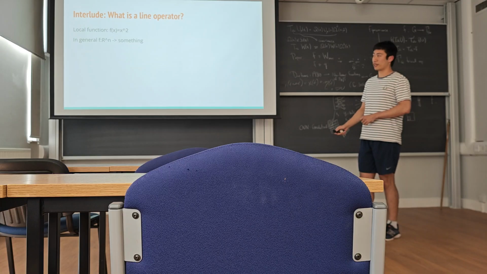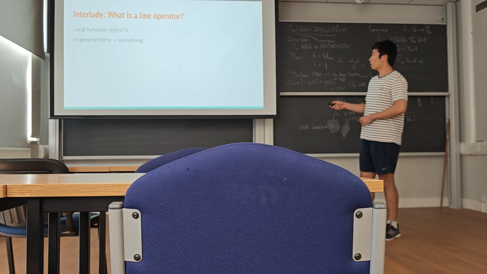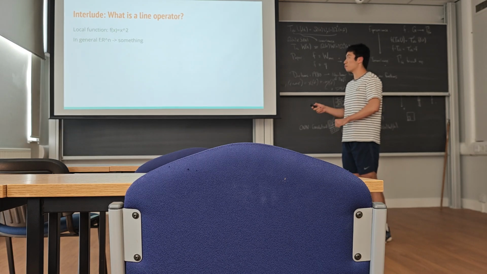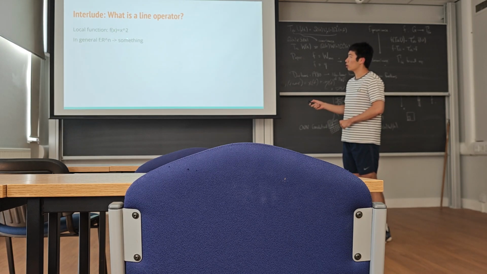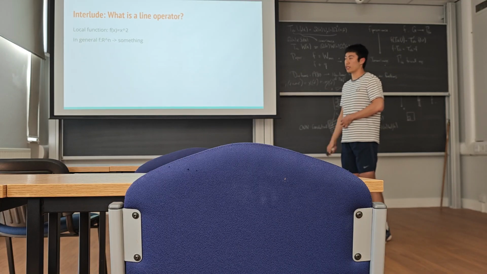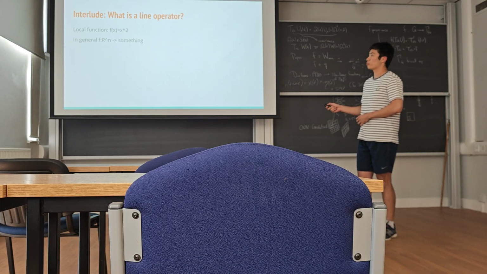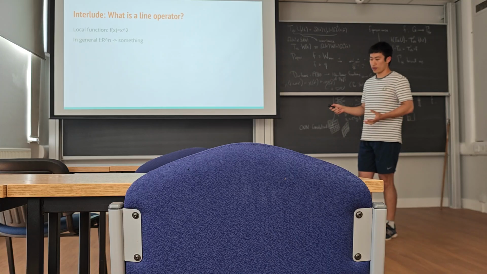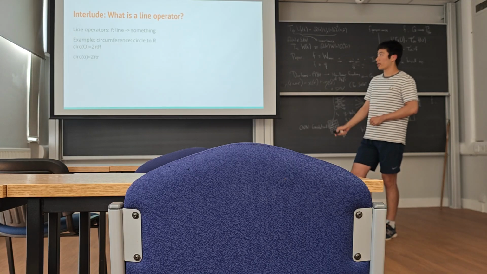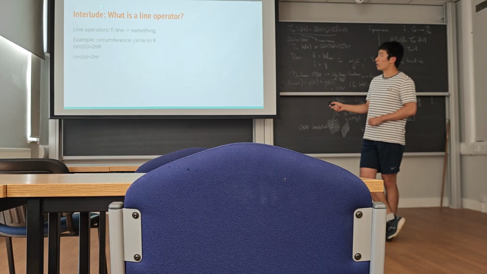And if you're not familiar with a line operator, first, in the local case, we have each point. If you have a function that acts on it, it spits out something, right? For example, if f of x is equal to x squared, and in general, each point in R^n, if you have a function act on that, it spits out something. But when it comes to line operators, the function takes in the whole line and it spits out something.